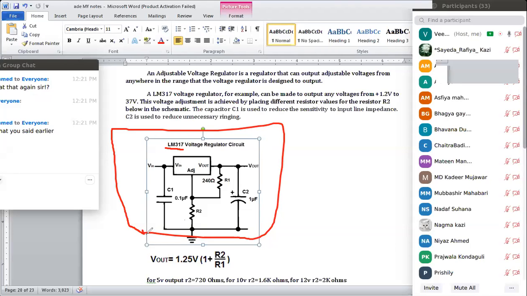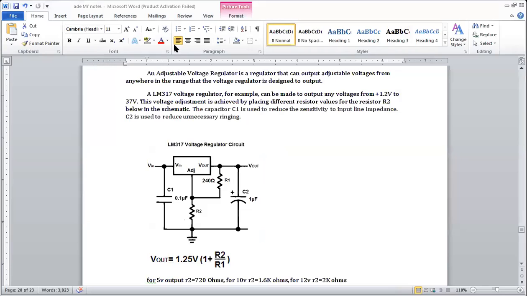Some components that we are using here are C1, C2, R1, R2. So the design is very simple, whereas R1 and R2 provide us a voltage divider here. Then C1 is controlling the input impedance.